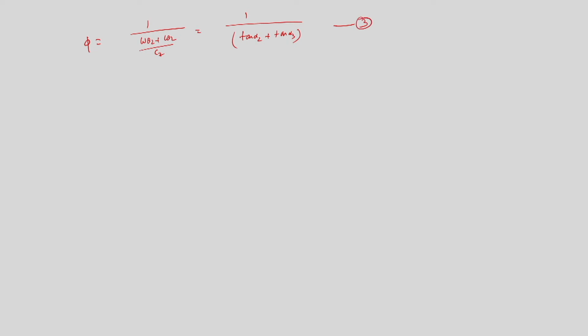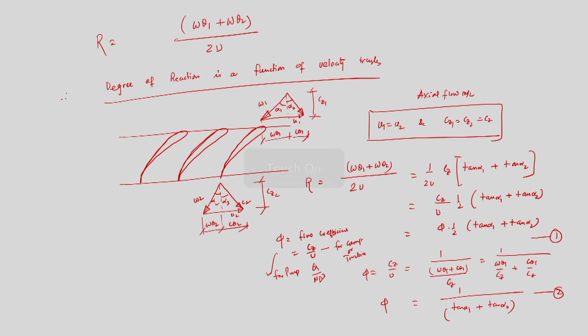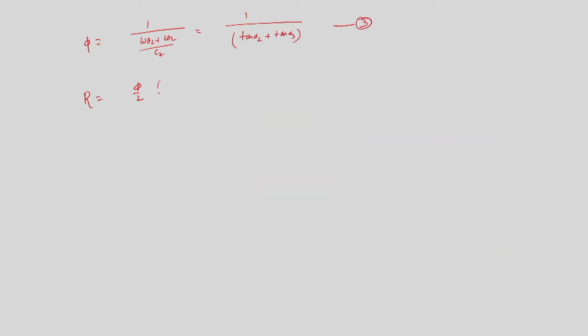So we have derived that the flow coefficient can be expressed in terms of the flow angles at the inlet and outlet, relative or absolute, whatever it is. We have also defined the degree of reaction for axial flow machines. From the previous slide, R is equal to phi by 2 into tan alpha 1 plus tan alpha 2.